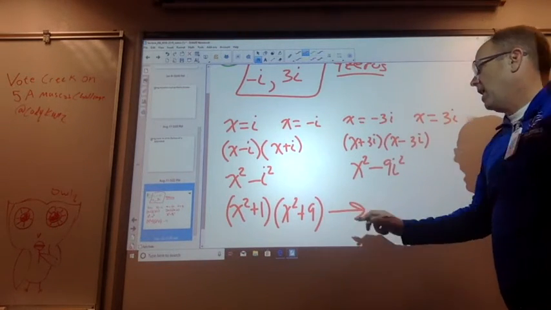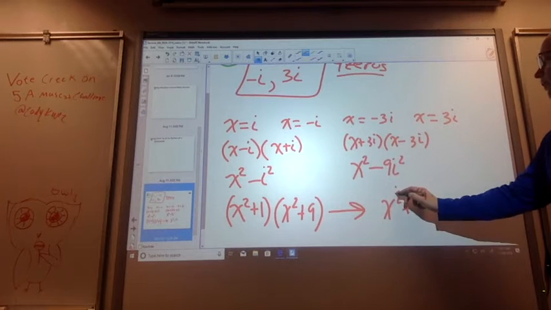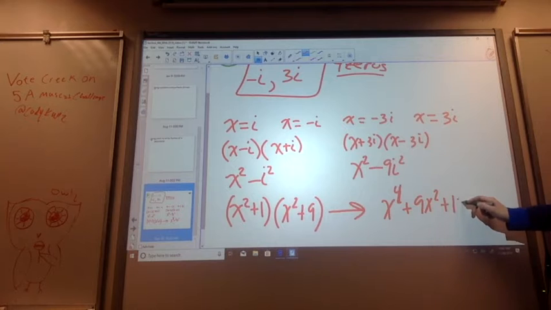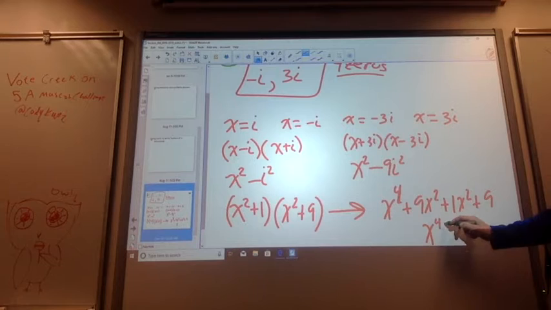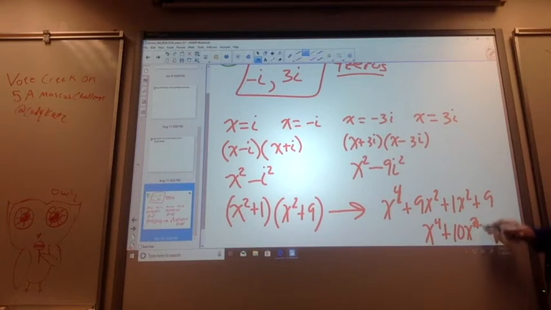So then I am going to do x squared plus 1 times x squared plus 9. Combine your like terms. x to the fourth plus 10x squared plus 9. So that's what your answer looks like.